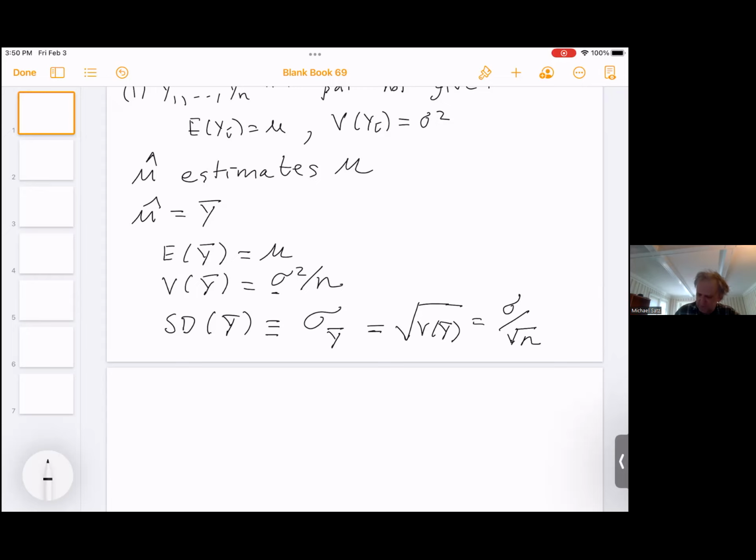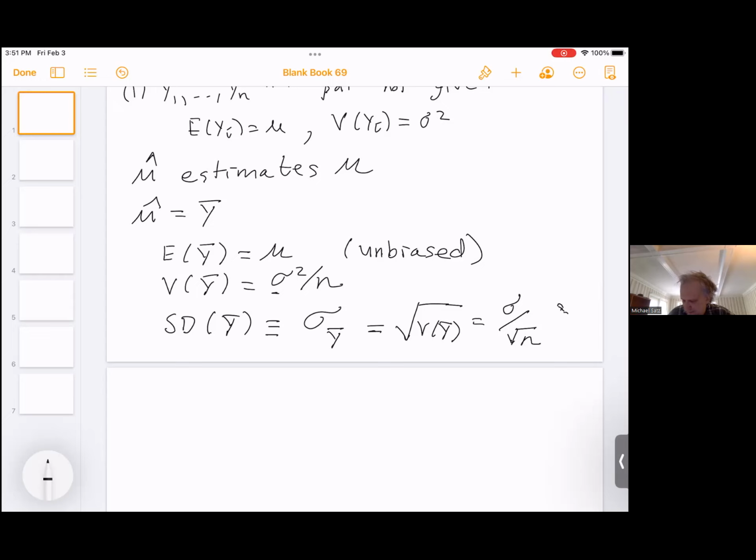So this has 2 good properties. One is that it's unbiased. When I try to estimate mu with y bar, although y bar is random, I have the benefit of knowing that the expected value of y bar is the thing I'm trying to estimate. And here I know that the variance can be made small.